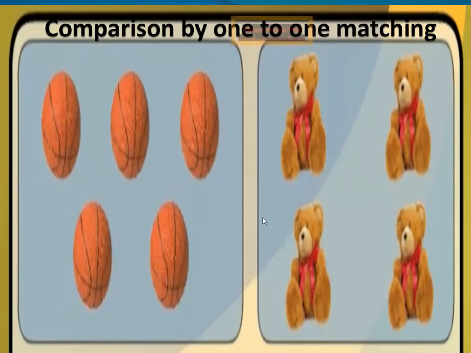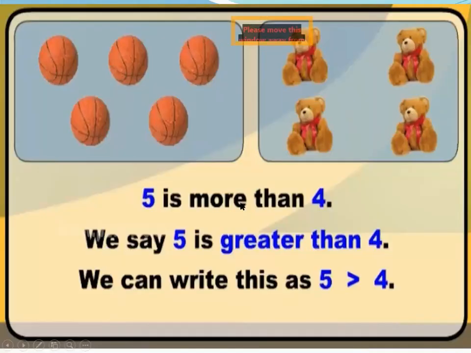So we put the sign here like this. 5 is more than 4. How to read or write it? 5 shows the number of balls. 5 is more than 4, meaning 5 is greater than 4.